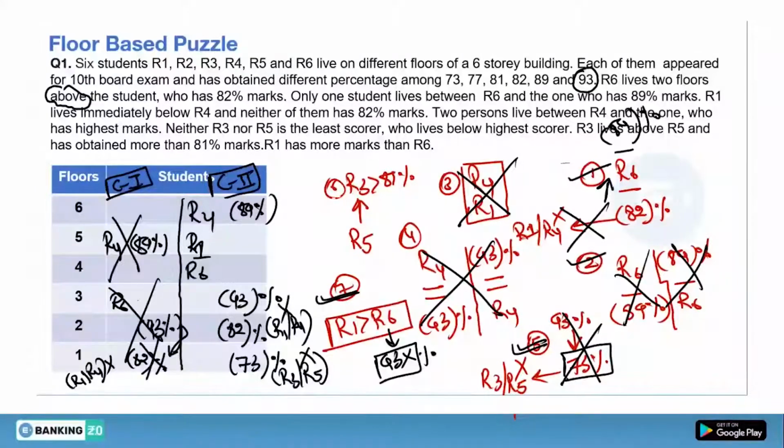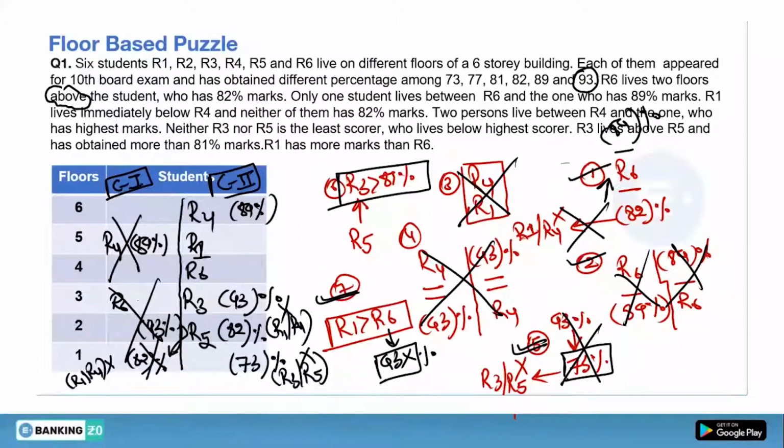So only two spaces are left for these two: R3 will come on floor number 3 and R5 will come on floor number 2, because R3 is living above R5 and R3 has secured more than 81% mark. So this is also satisfying our condition. We can easily see that R3 scored 93% mark, which is more than 81%.